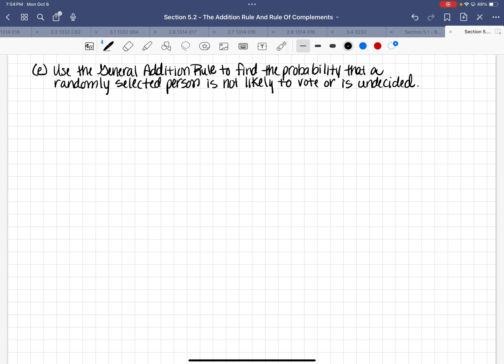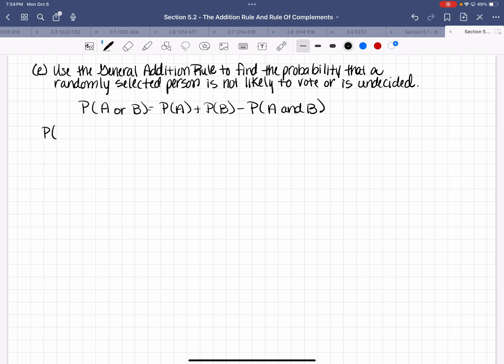So, the general addition rule says that the probability of A or B equals the probability of A plus the probability of B minus the probability of A and B. So, let's fill in that A and B. A randomly selected person is not likely to vote or is undecided.